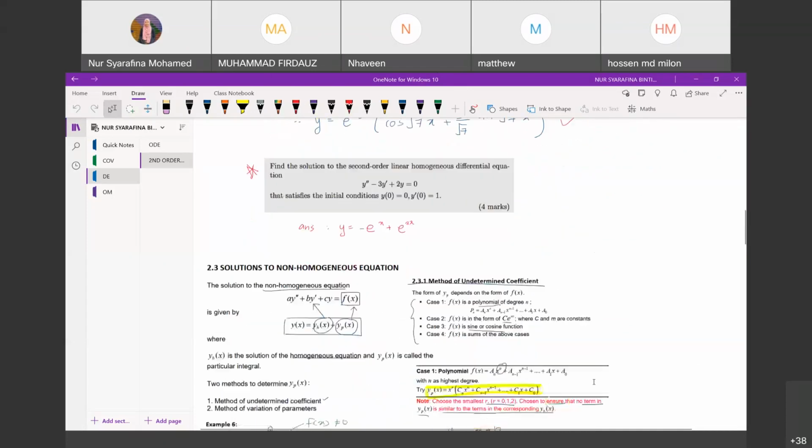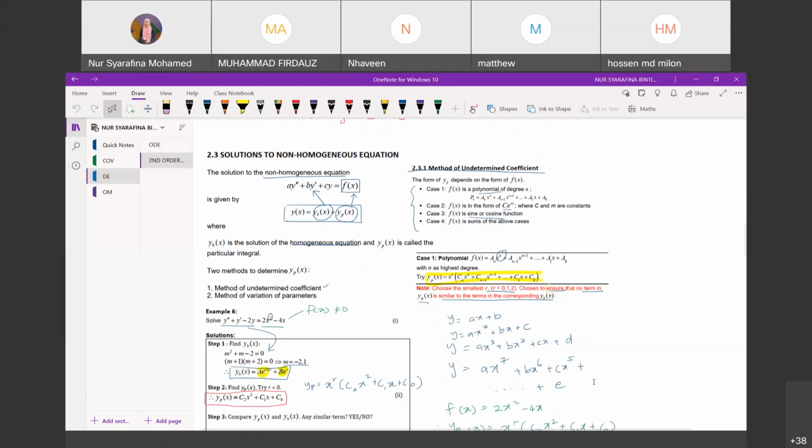Okay, the next one is how can we solve a non-homogeneous equation? What is non-homogeneous? The difference between homogeneous and non-homogeneous is only at the function on the right-hand side. The differential equation equals f(x), and now f(x) does not equal 0.